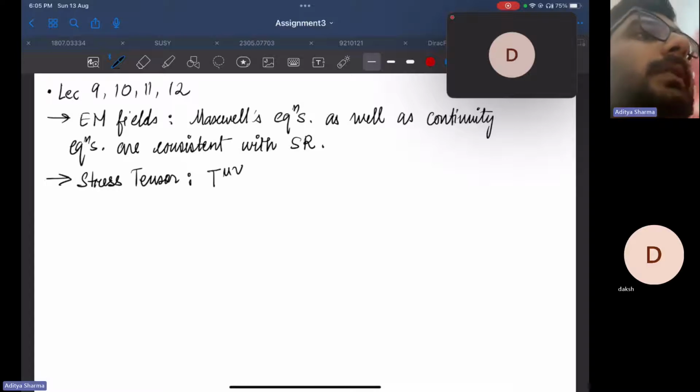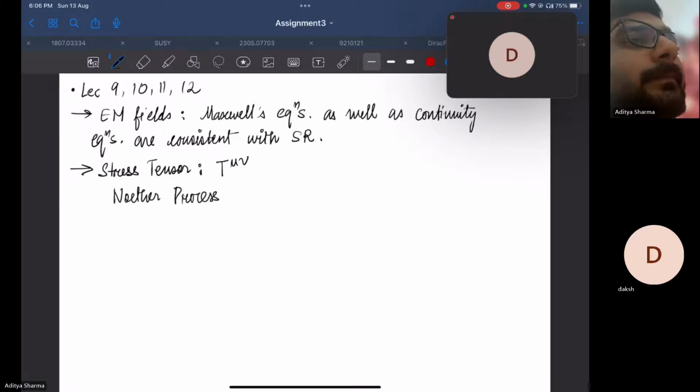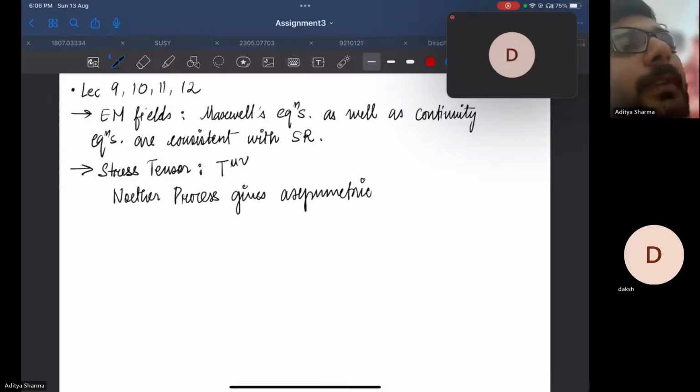When we use the Noether procedure to calculate the stress tensor, we get an asymmetric stress tensor.